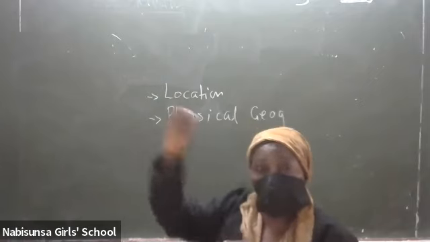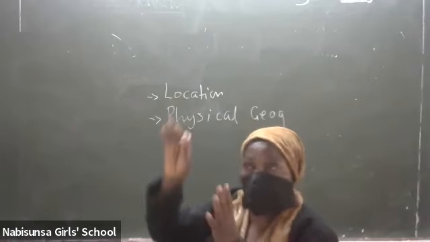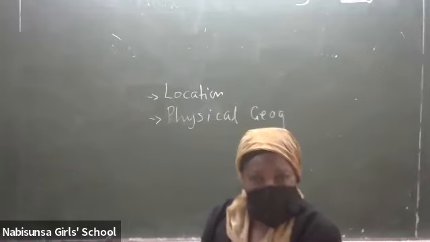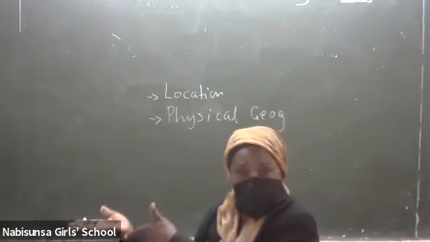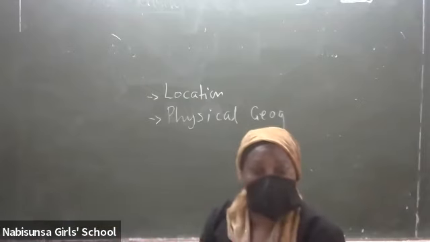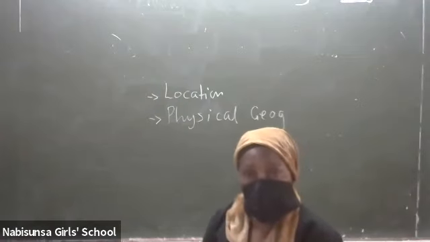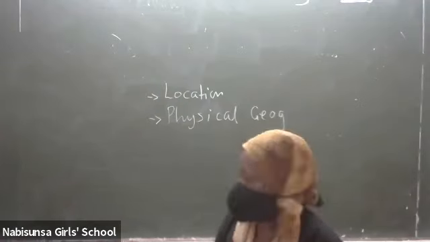Even if you are talking about Asia or Switzerland, you must know where it is located, the continent, and its physical geography. That applies to all the maps you draw and all the areas you study.